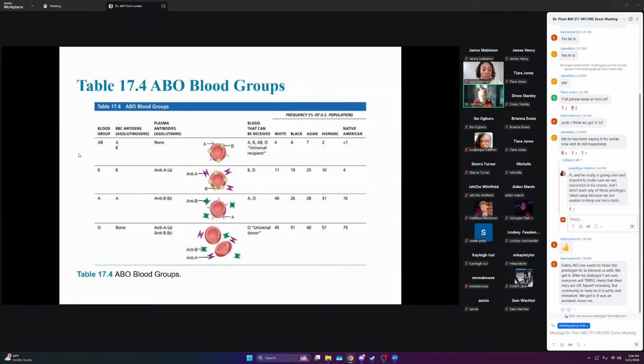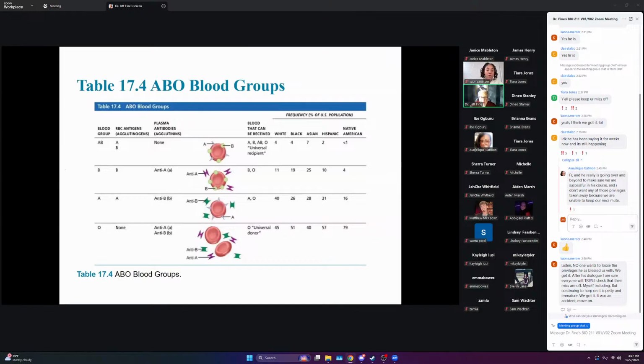Do we have a question? Yes, sir. So question, the people with AB, does that mean that they cannot donate to another person? Like they cannot donate to A or to B? Correct.